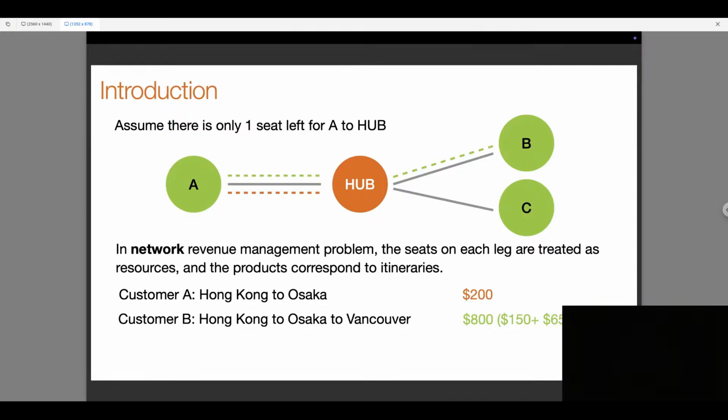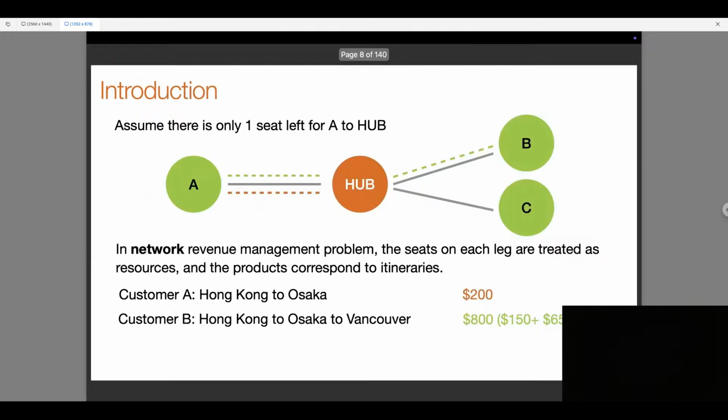That is, the seats on each leg are treated as resources, and the products now correspond to the itineraries. So back to our example, in the network revenue management problem, we will definitely choose customer B to get higher revenue under this limited resource condition.